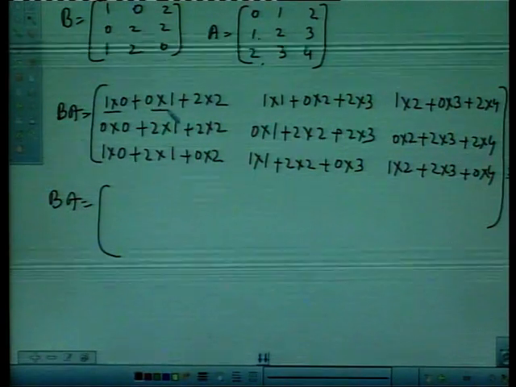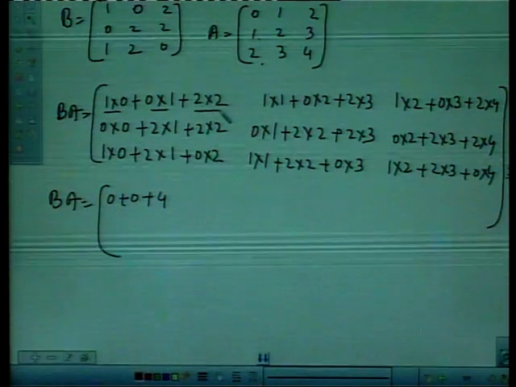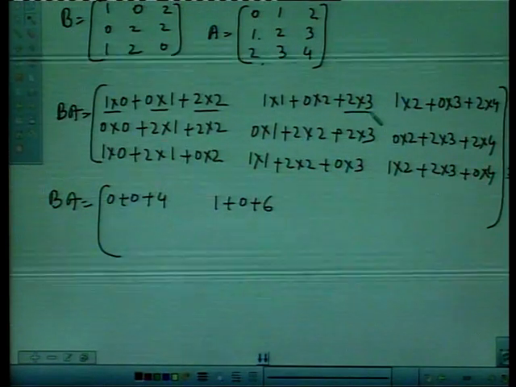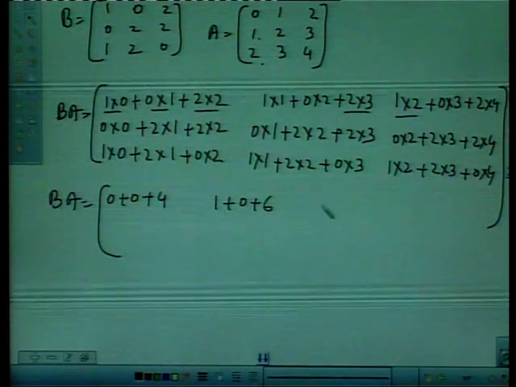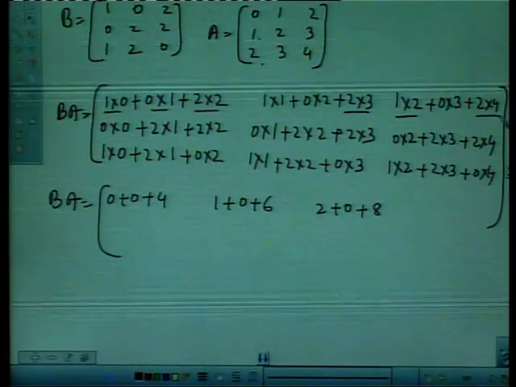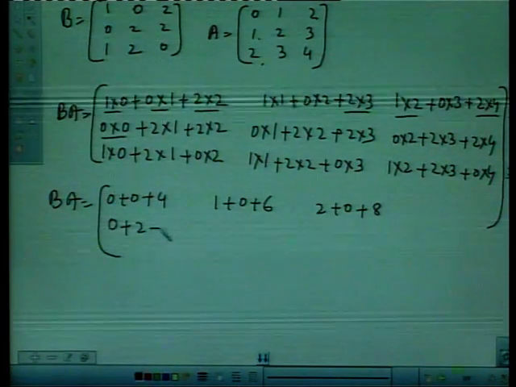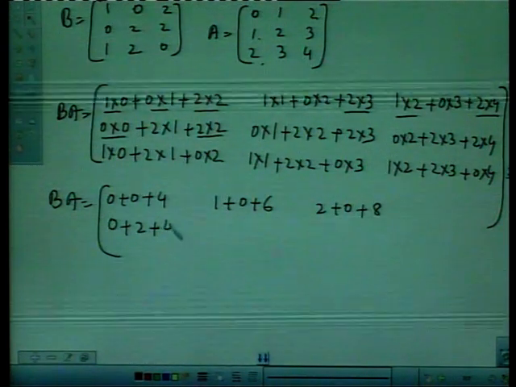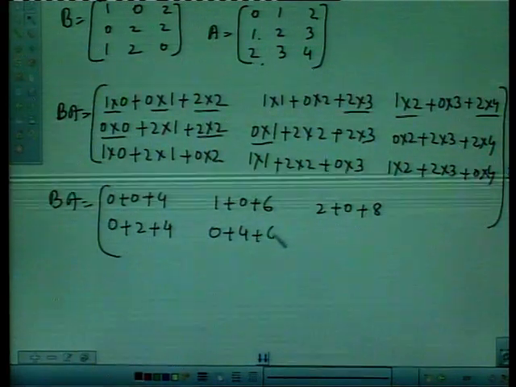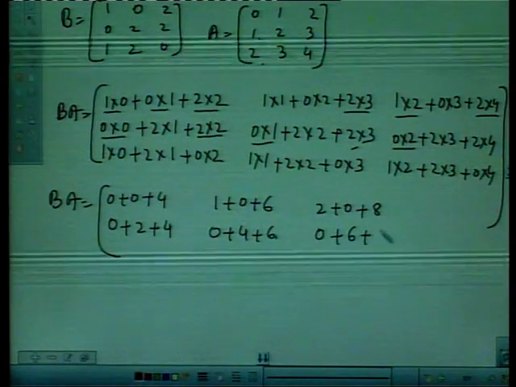Here is 0 0 and 4, 1 0, and this is 6. Here 2, 0 and 8. Here 0, 2 and 4. Here 0 4 and 6. Here is 0 6 and 8.